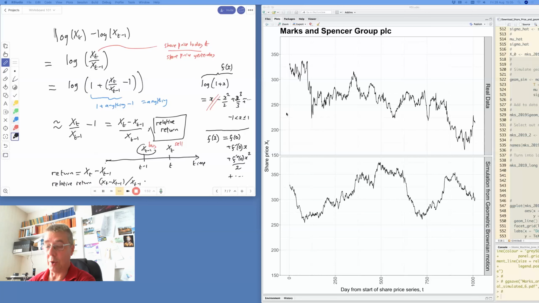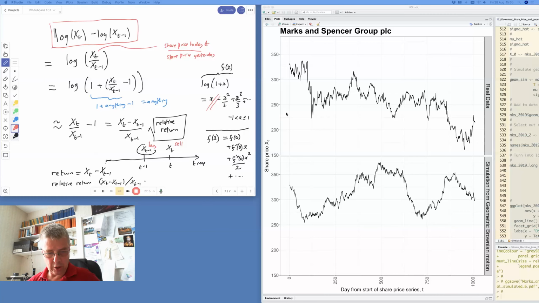So the quantity that we've been working with, that comes naturally out of geometric Brownian motion, and that is used for estimating the parameters of geometric Brownian motion, is approximately the relative return, which has an immediate financial interpretation.